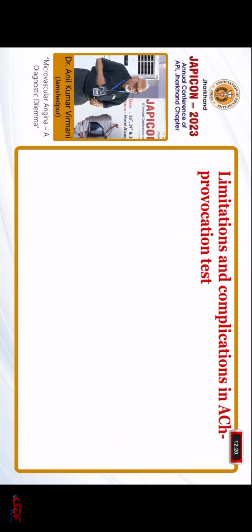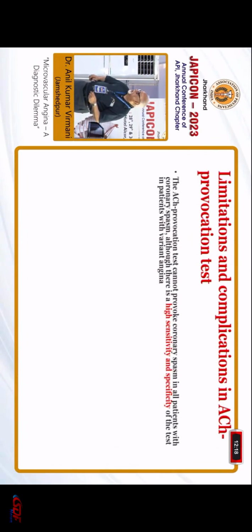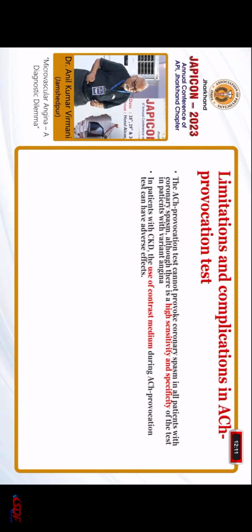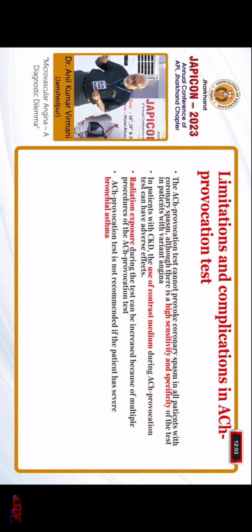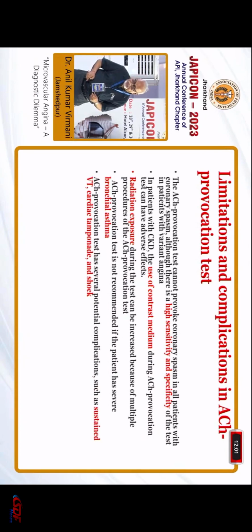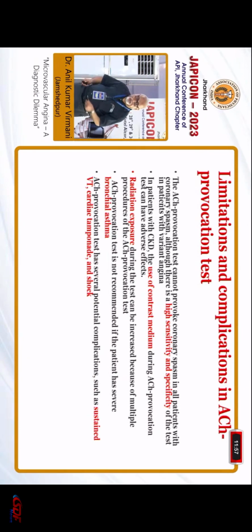Now, there are certain limitations of the acetylcholine provocation test. It has a high sensitivity and specificity, but then again, compared to the coronary angiography, there are certain problems. You are using contrast media, so it can have renal adverse effects, radiation exposure, bronchial asthma can be precipitated, and the patient can have complications like VT, cardiac tamponade and shock.